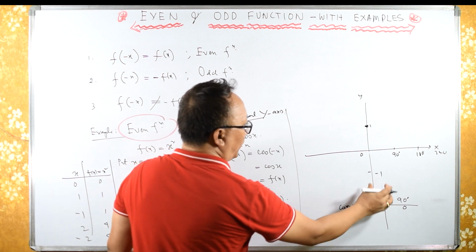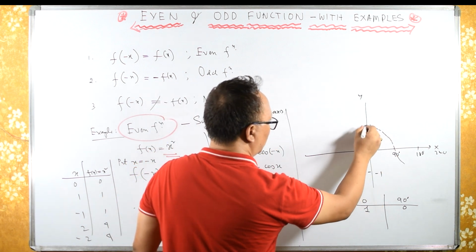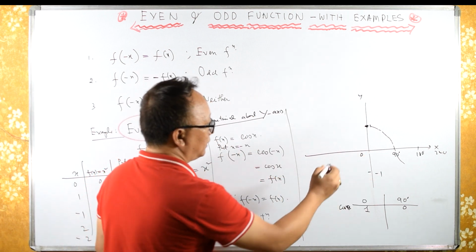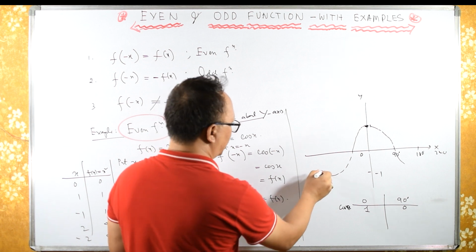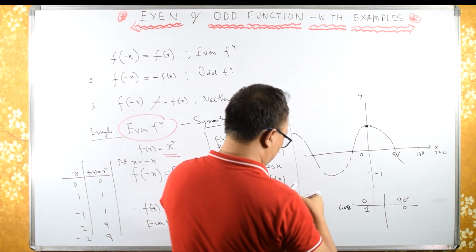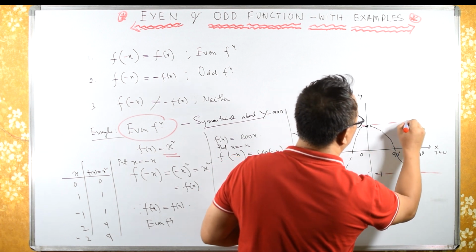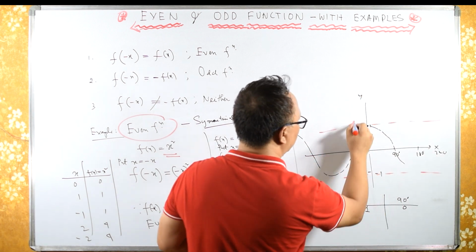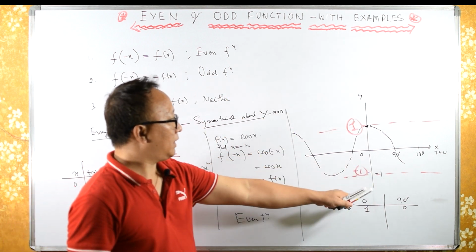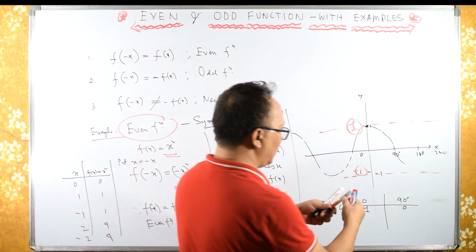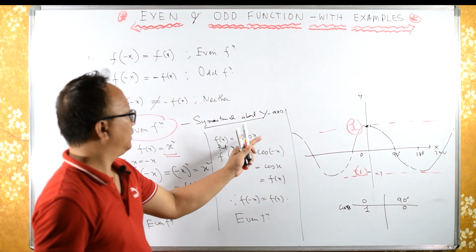At 90 degrees it is coming down. If you extend this, it will oscillate between plus 1 and minus 1.